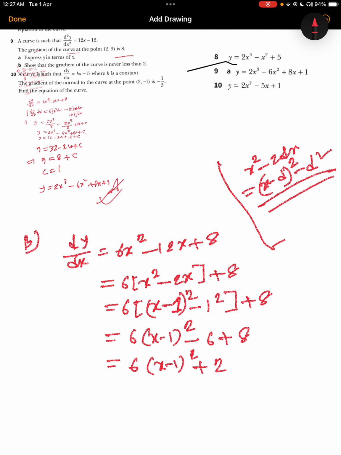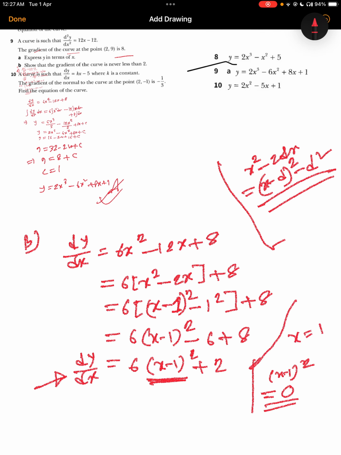Now the question asks that the gradient, dy/dx, can never be less than 2. Because see, this is a squared term. The minimum value of (x minus 1) squared is 0, and that happens when x is equal to 1. If I input the x value 1, then (1 minus 1) squared becomes 0, and times 6 it is still 0. But if this whole part is 0, it doesn't matter, we have a 2.